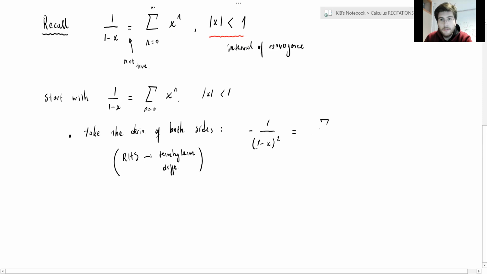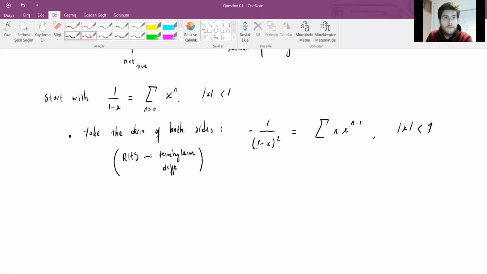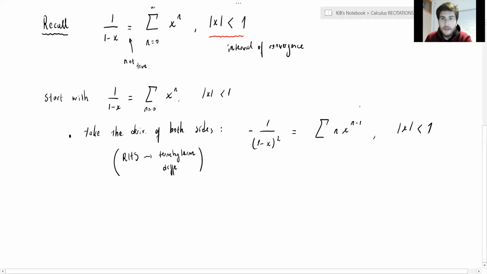So what about the other parts? When you differentiate, we have something like this, and nothing changes for this interval of convergence. But be careful, because of this here, actually our indices now start from 1, basically. Otherwise, it won't be a polynomial, right?